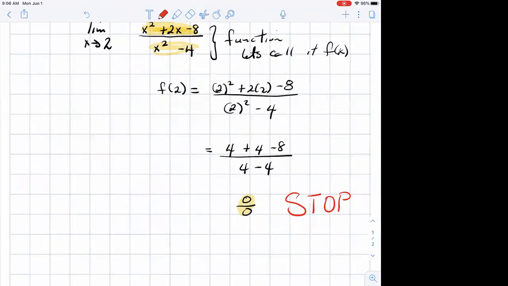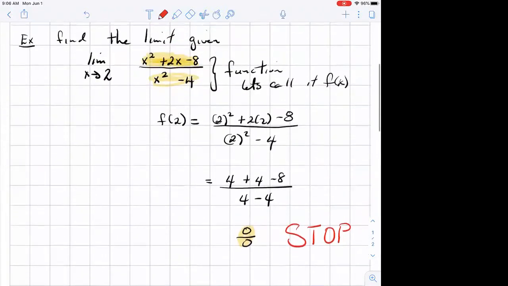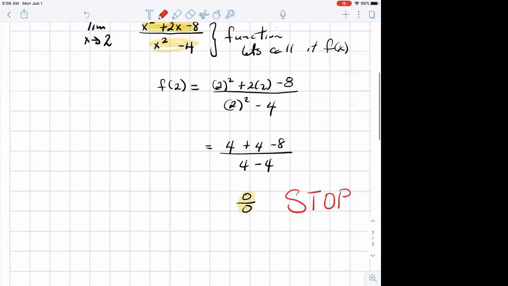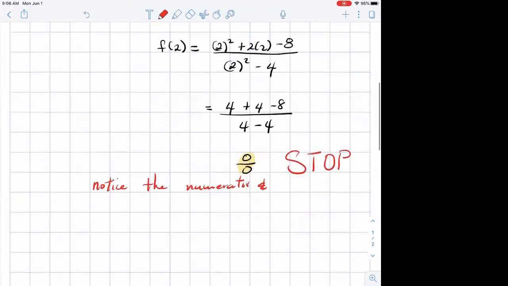Is that clear? Anytime you have 0 over 0, you have to do that. So if you look at this function, you will notice the numerator and denominator can be factored.